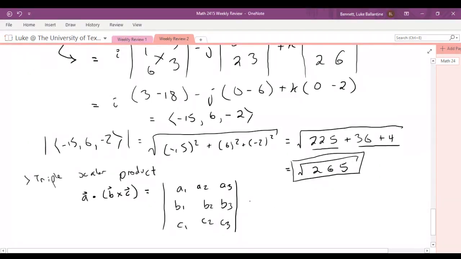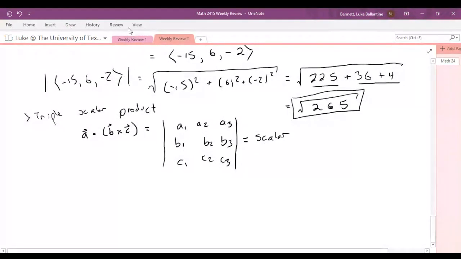So what's the output of this going to be? What is it going to look like? Yep, it's a scalar. This is like some straight linear algebra. This is just taking a determinant. Take a determinant with all numbers, we get a scalar as the output.